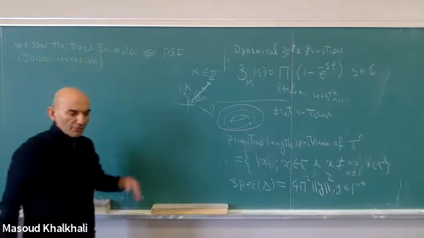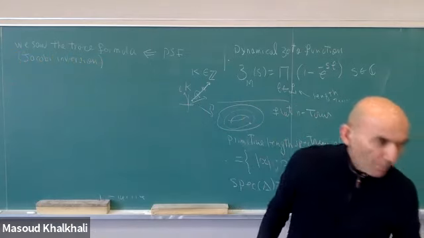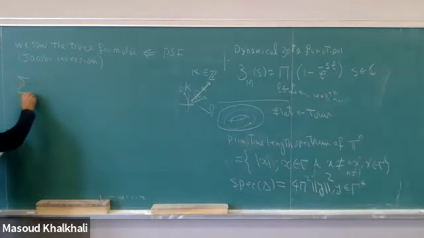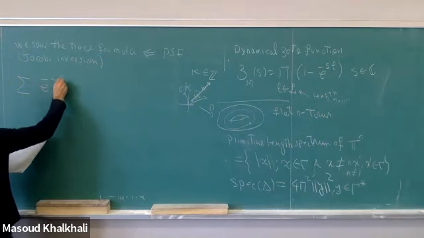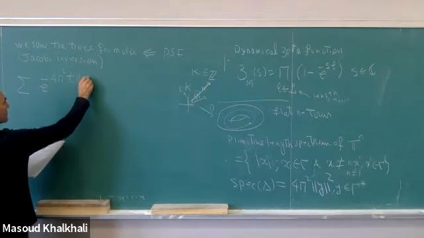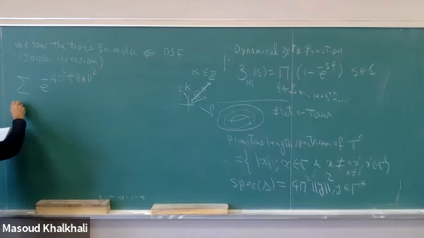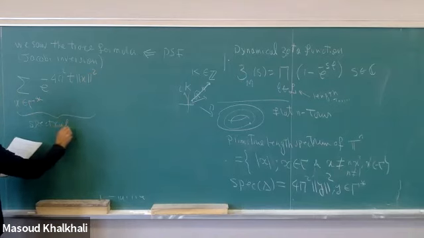We used it many times, right? It was the following: the sum of exponential of minus 4 pi squared t norm of x squared, x belonging to Gamma star. So this is the spectral side, or quantum mechanical side if you want.